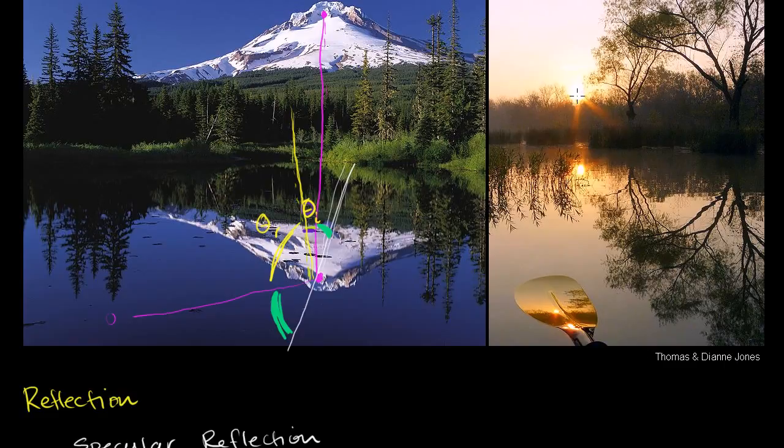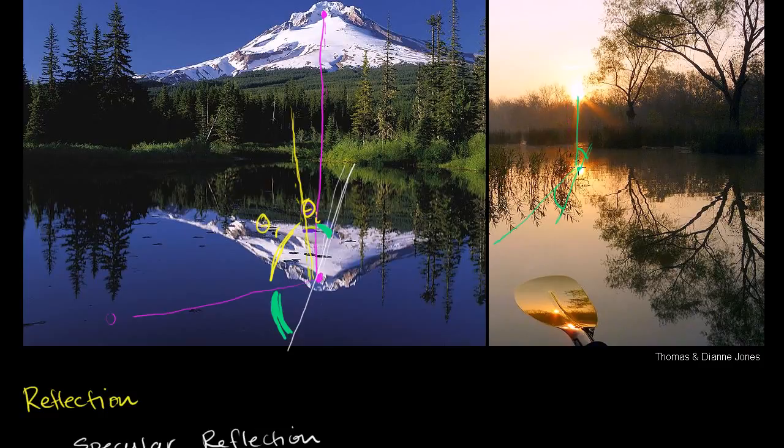So the light from the sun is going directly to the water here, and then getting reflected at that point on the surface of the water, and then coming over to our eyes. And so we could either say that the angle between the incident ray and the surface of the water is equal to the angle of the reflected ray and the surface of the water, or we could draw a perpendicular right over here.